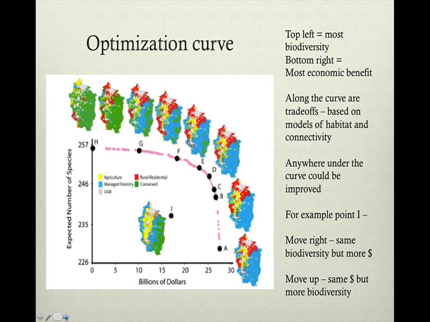So you see, you can move toward this optimization curve from anywhere in the middle. You can move toward the optimization curve and improve both the number of species and the dollars from development. So this is a very powerful way to look at trading off two different components that you're interested in. In this case, preserving number of species, but yet still providing economic development dollars.